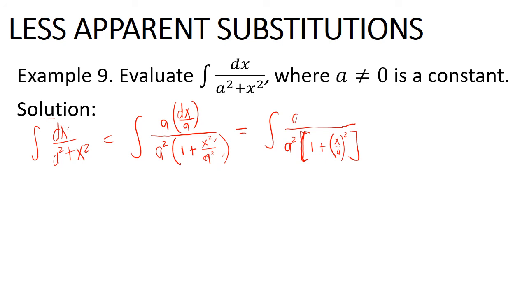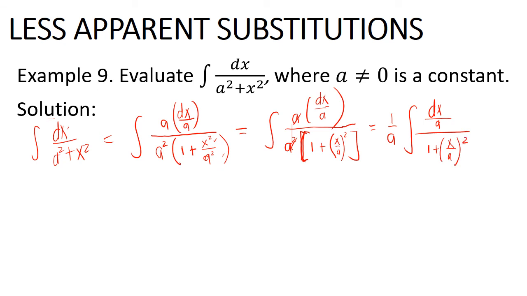Since si a dito ay parehas lang sa a dito sa baba, pwede tayong mag-cancel out dyan. Merong matitirang a sa baba na isa. So, i-factor out na rin natin yung natirang yon. So, we have 1 over a times the integral of dx all over a, all over 1 plus x all over a squared.